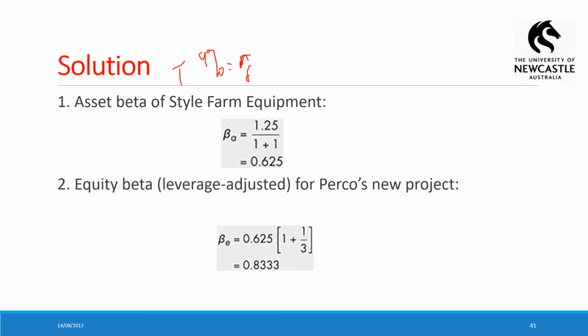Also, our asset beta is just the weighted average of the betas of equity and debt. So our asset beta is simply the weighted average of debt beta and equity beta.